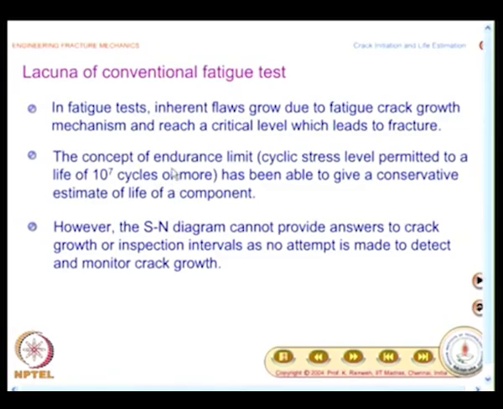The latest research shows there is nothing like an endurance limit for any material. It has been experimentally demonstrated. However, from a practical point of view, if your life is beyond 10 power 7 cycles, it is good enough, and you can use the endurance limit for designing your component.